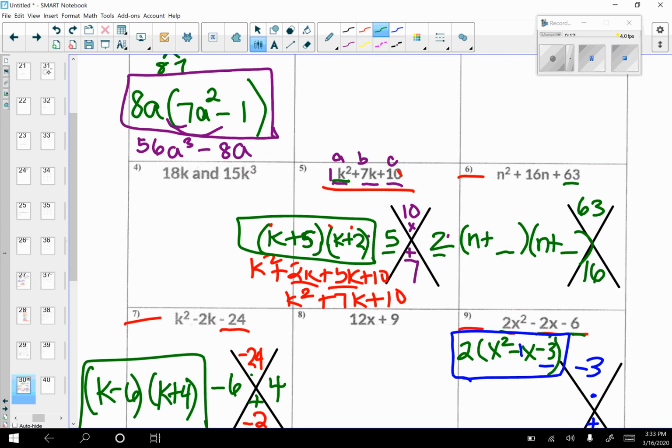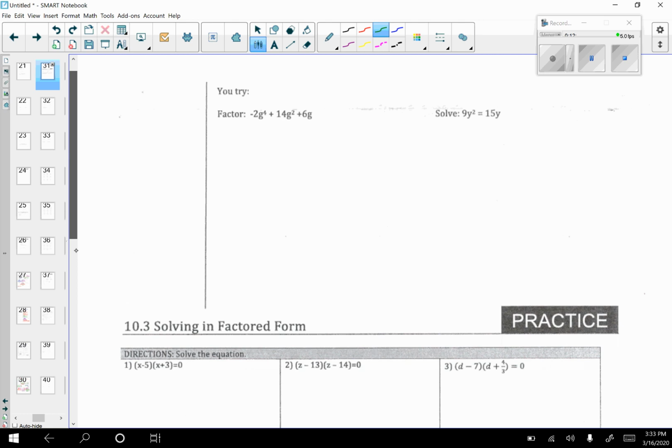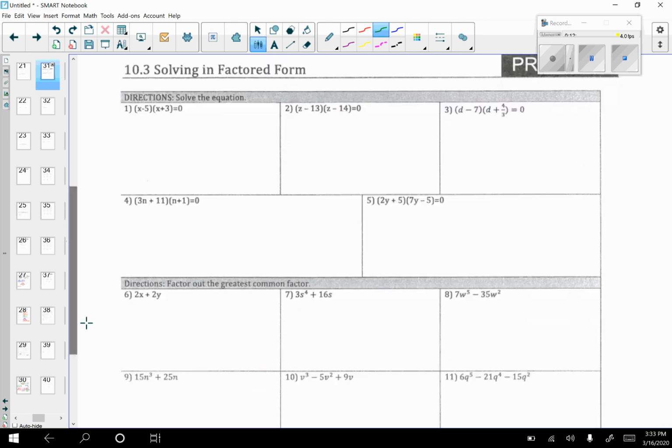Please try these problems. And then on the next page, you should be doing the same thing. The only thing that's a little bit different is solving. We're going to talk more about this in the next chapter, but these are already in factored form for you, so we're going to use the zero product property here. The zero product property says that if you have something in factored form, you can set each factor equal to 0 to solve.